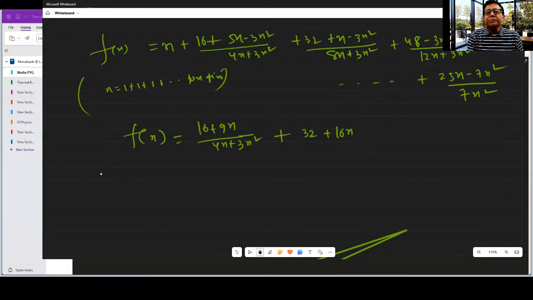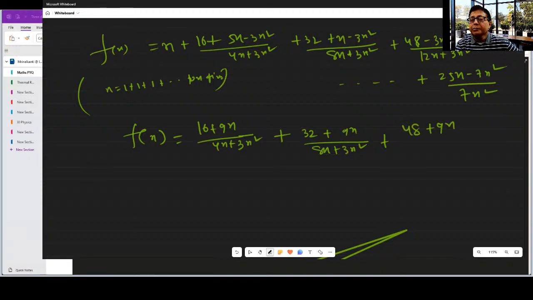So 32 plus it will be 9n. Please check my calculation. It is here also plus 1. So 3n square. And the last term finished.